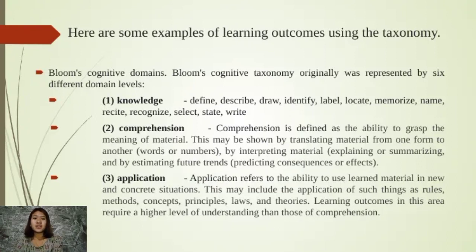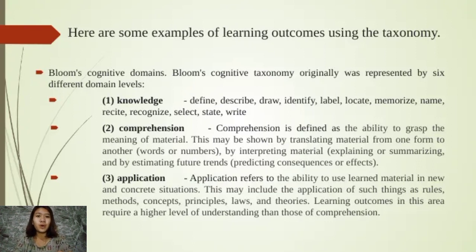So the second one is comprehension. Comprehension is defined as the ability to grasp the meaning of material. This may be shown by translating material from one form to another, words or numbers, by interpreting material, explaining or summarizing, and by estimating future trends, predicting consequences or effects.